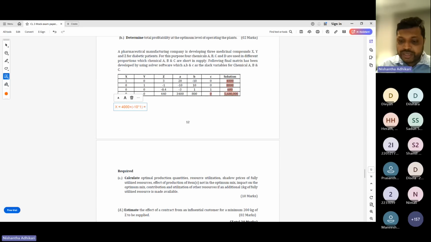Then it will be 3,990 units. Y is currently 8,000 plus. It is a plus effect, plus 1,000 into 1. Then it will be 8,010. Right, that is the output. Then next, how does it impact the unutilized resources?